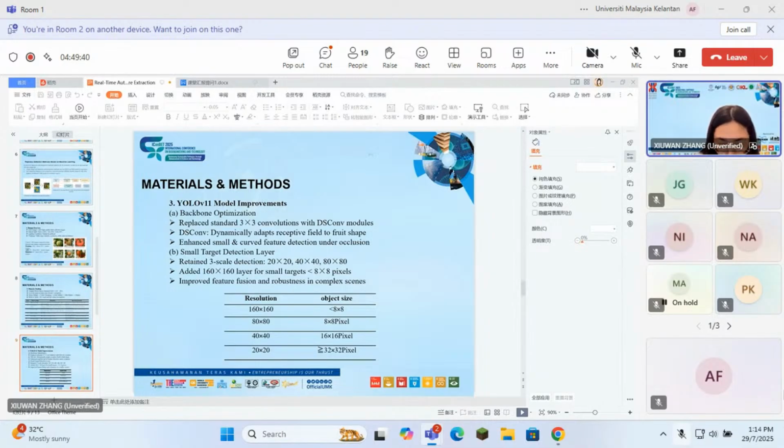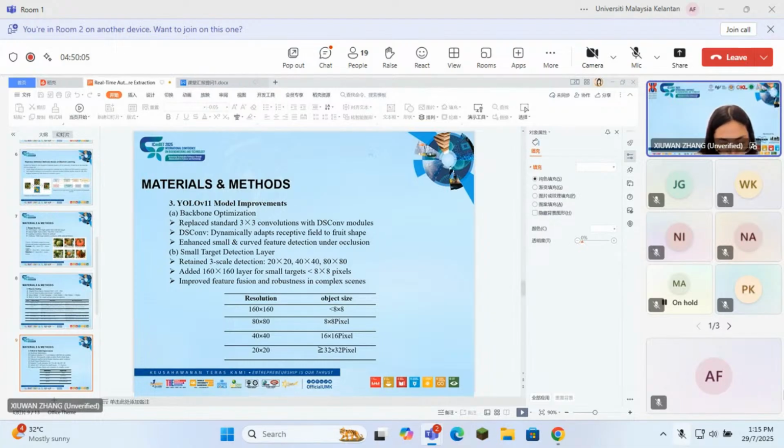This convolution adapts its receptive field to the actual fruit contour, catching contour boundaries and lifting mAP by 1.1% with almost zero extra overhead.